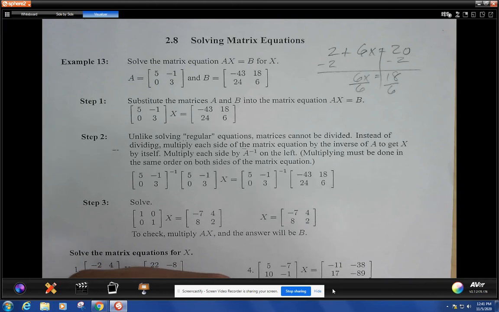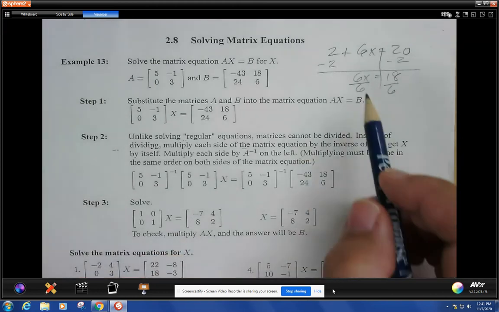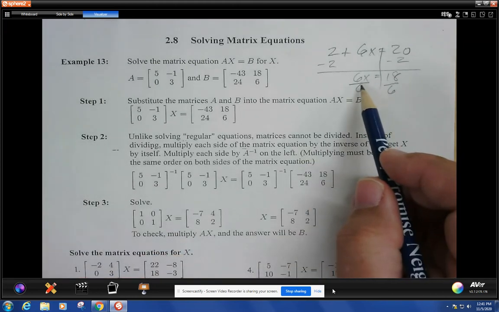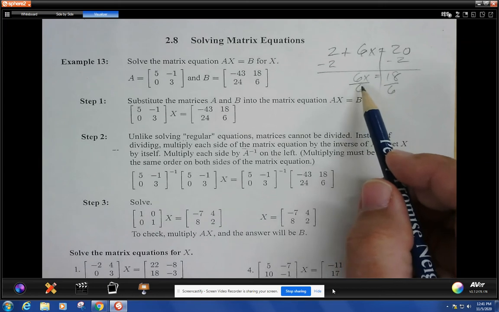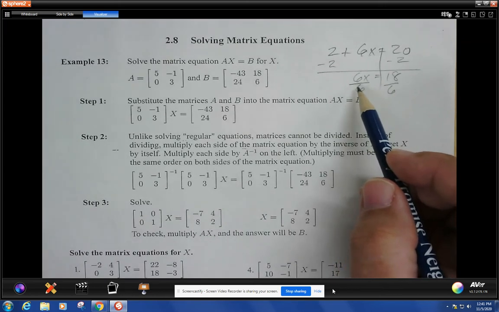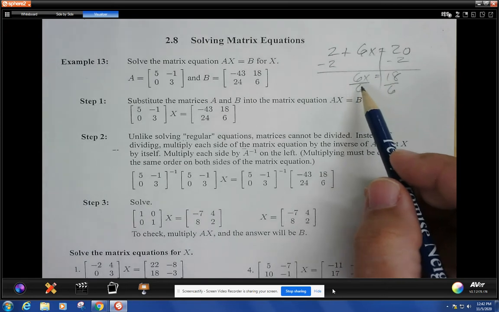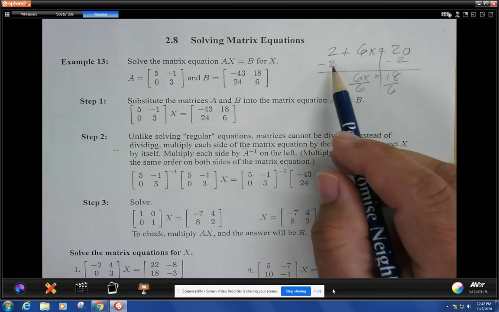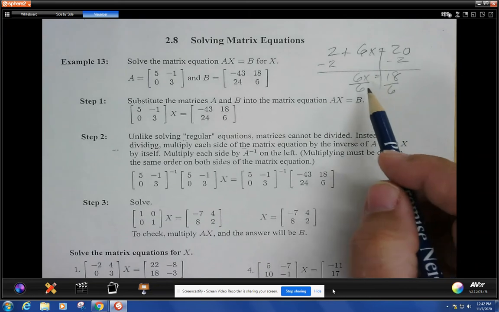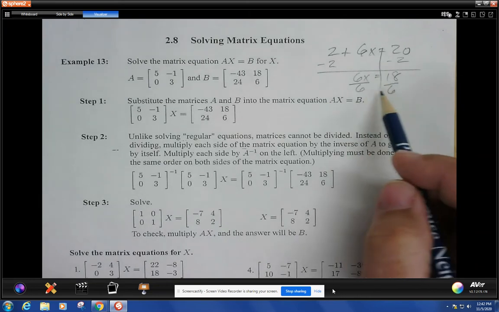The reason I'm dividing by 6 on both sides is because I'm doing inverse operations. Okay, now think about it. Yesterday we did inverses, so now we're going to use that a little bit, because with the subtracting of the 2 from both sides and dividing by the 6, these are inverse operations.